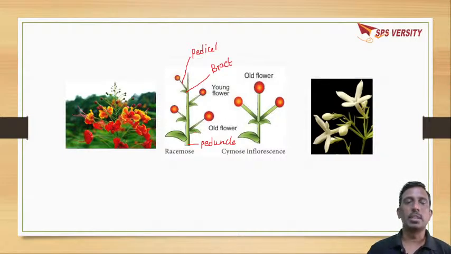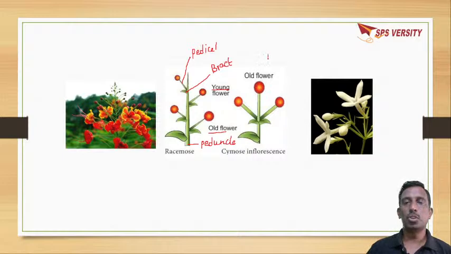So here you can see in racemose inflorescence the older flowers are present at the bottom and younger flowers at the top. And if you look at the apex of the peduncle, it is not ending with a flower. That's why it grows indefinitely. But in cymose inflorescence, if you look into this, it ends with a flower.